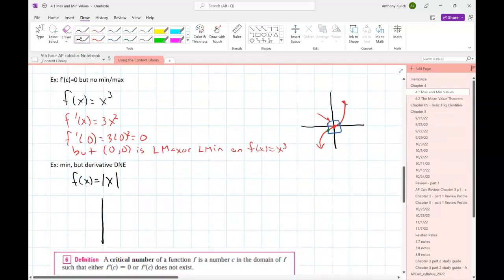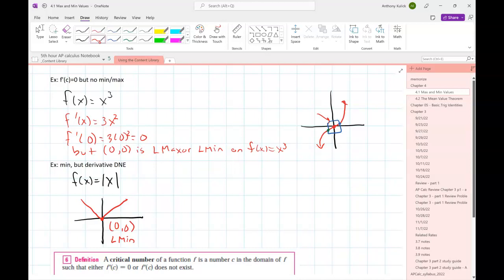So remember, if I look at the graph of the absolute value of x, you get that kind of V-shape. So I can see really quickly that (0, 0) is a local minimum. That's the lowest point on the graph. f of 0, if you'd prefer to think about it that way, is smaller than or equal to every other point on the graph.